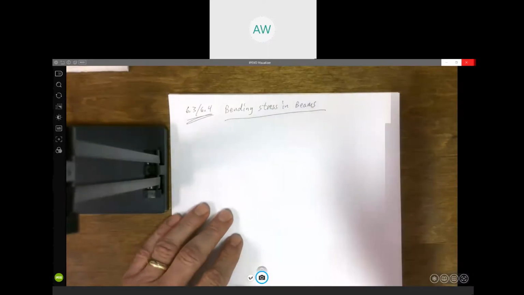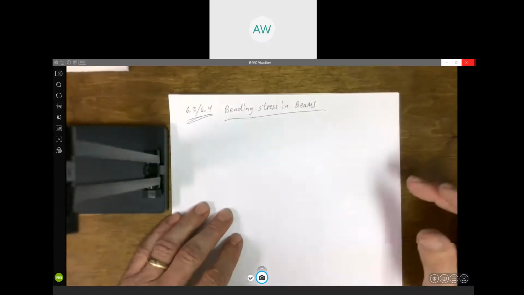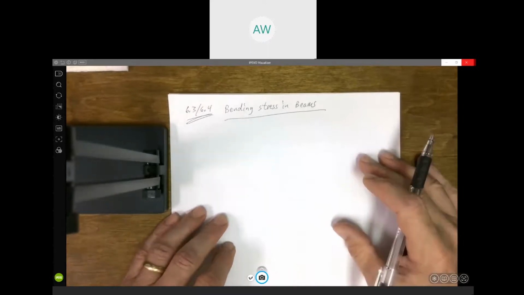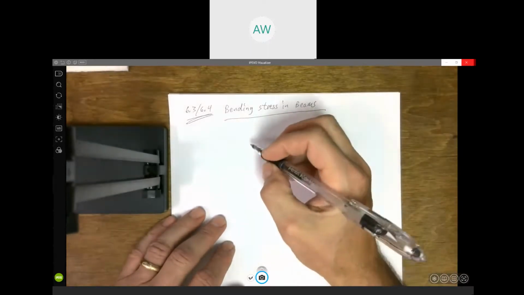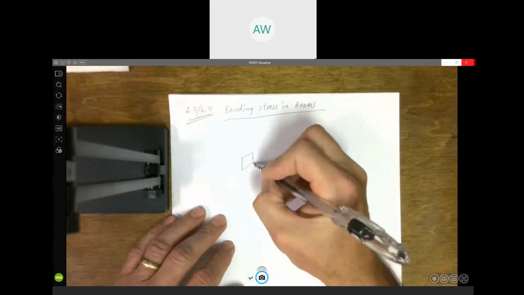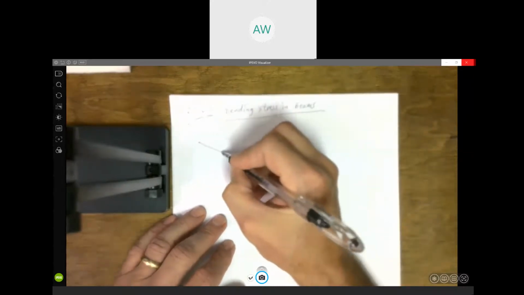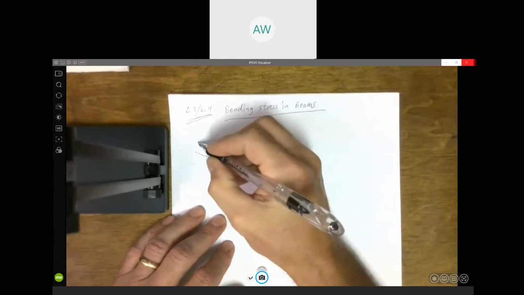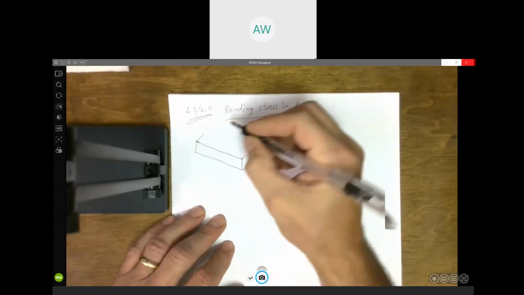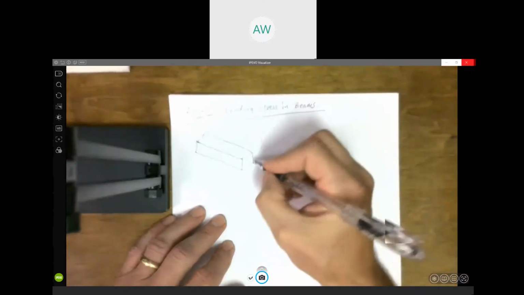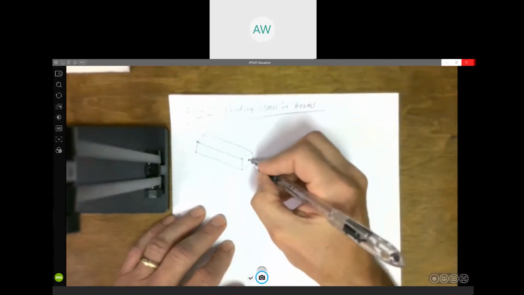And so again, just a real basic introduction here today. We'll get into actually deriving this formula tomorrow. But let's say we got a beam, and it does not matter what the cross section looks like. I'm just drawing it rectangular because that's easy to draw. But the cross section could look like anything.